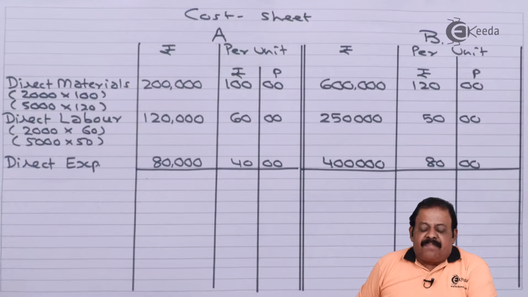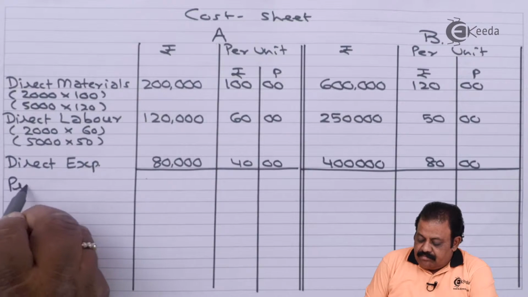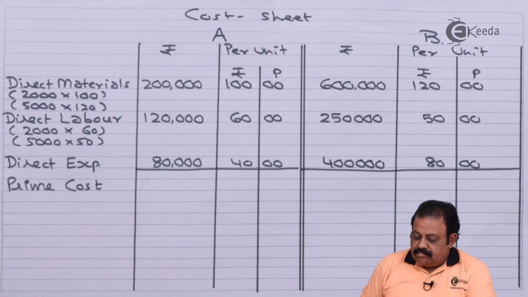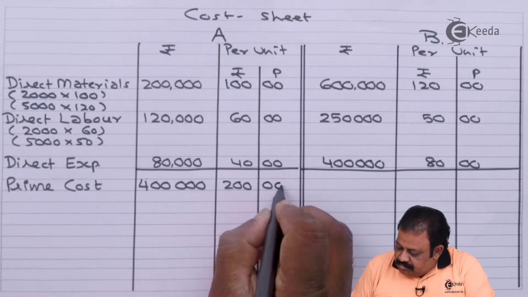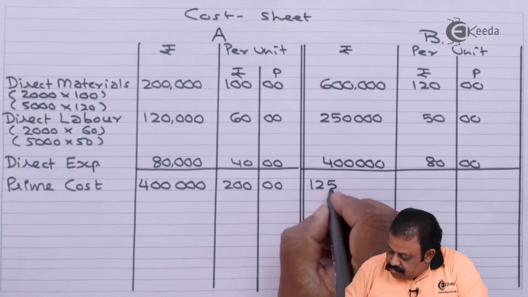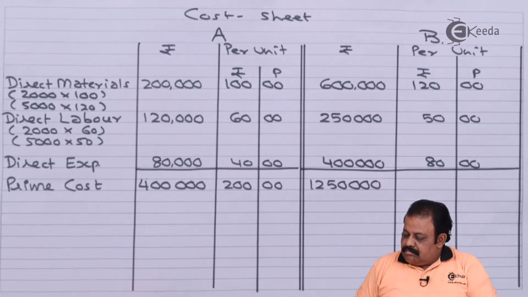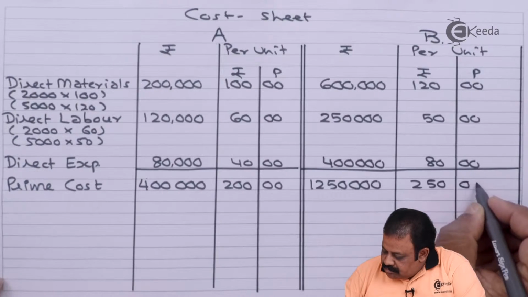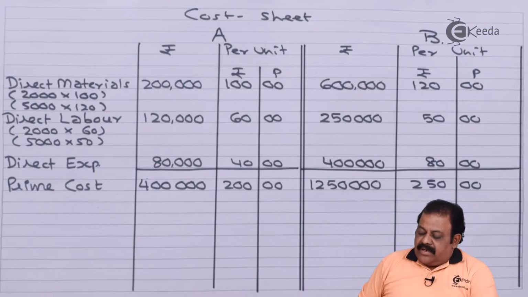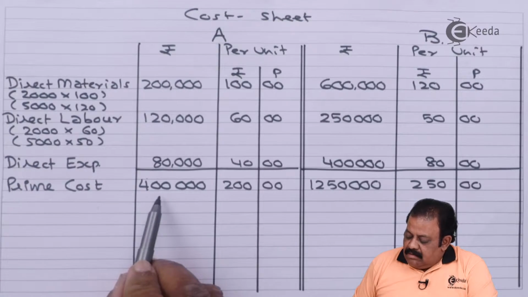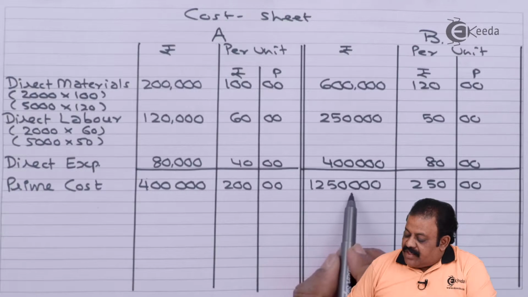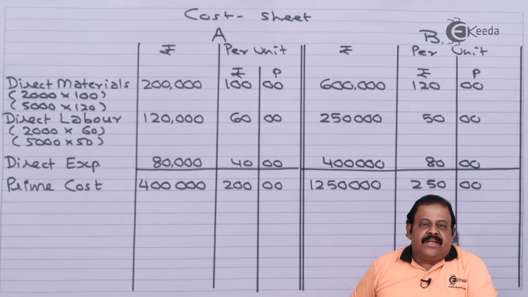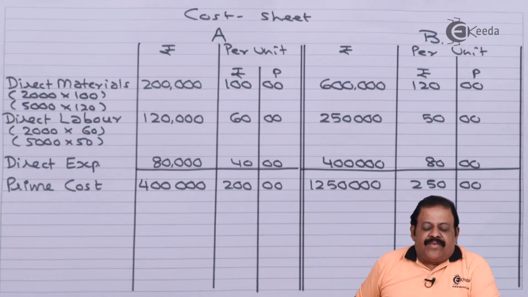Now we can arrive at prime cost. Prime cost in case of product A is rupees 4 lakh, per unit it is rupees 200. In case of product B, 12 lakh 50,000, per unit 250. To this we are required to add factory overheads.